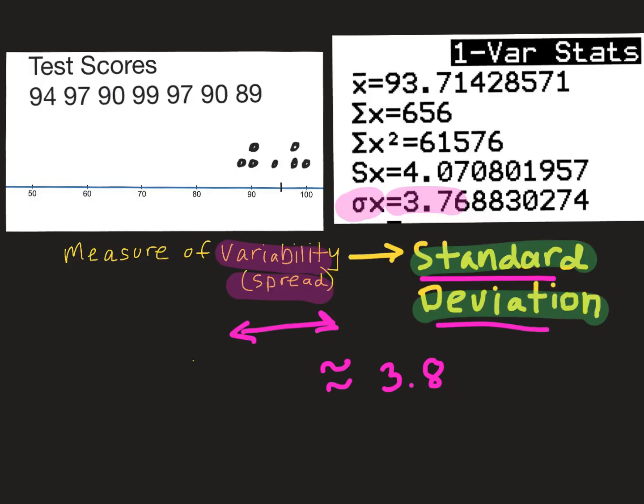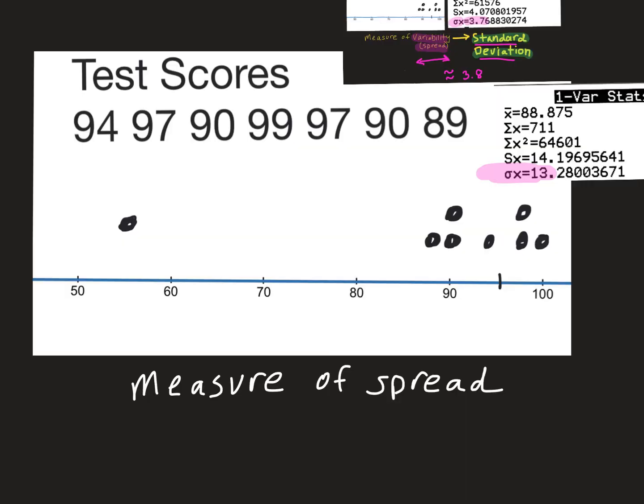Now let's talk about the measure of variability or spread. So remember before you had that low test grade, which was an outlier, that the standard deviation was 3.8. But now that we've included our outlier, you can see that the standard deviation is actually now closer to 13.